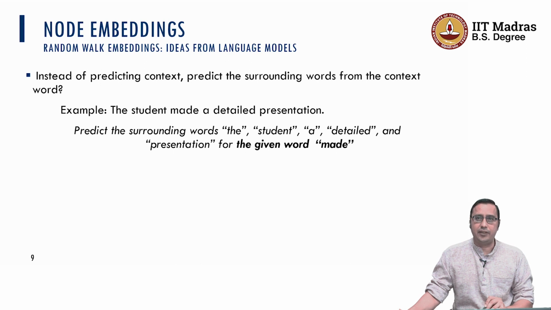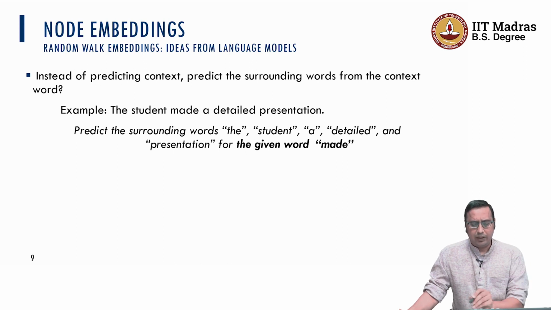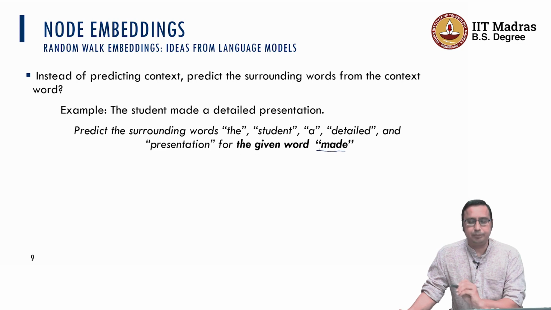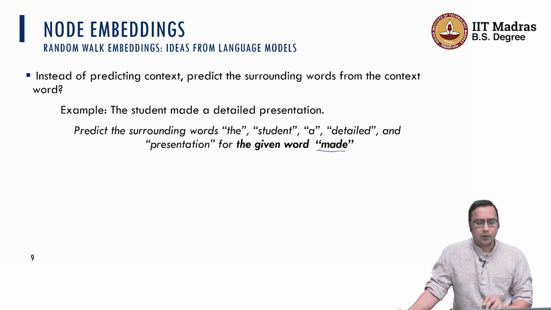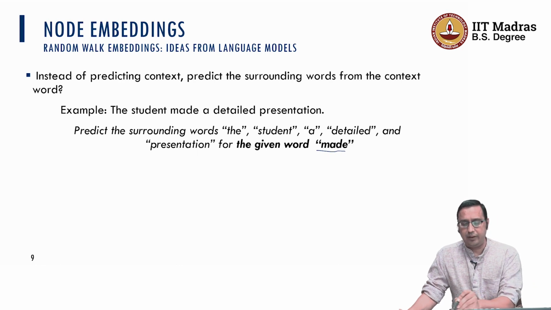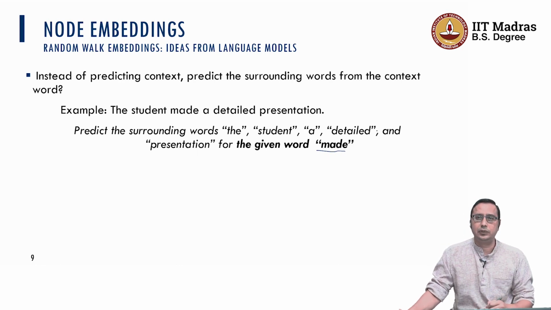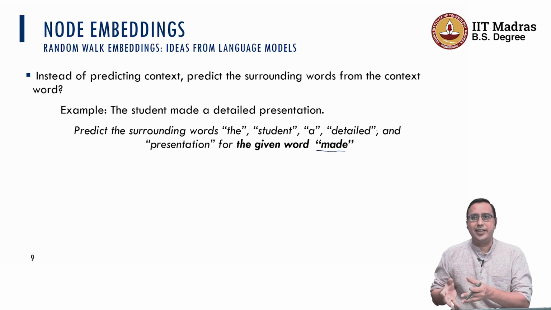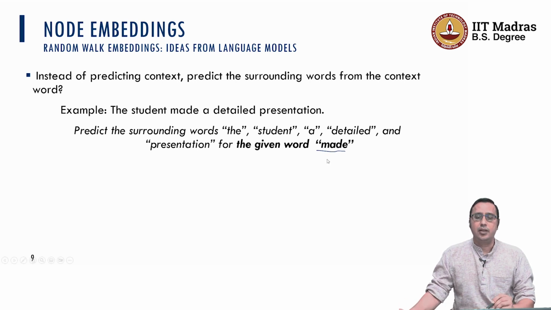In this sentence, if I give you the word made, can I predict the probability of surrounding words like the, student, a, detailed, and presentation? That is the question we can also ask. So instead of giving a word and predicting the context, I am going to do it the other way around, trying to predict the surrounding words based on the context word made.